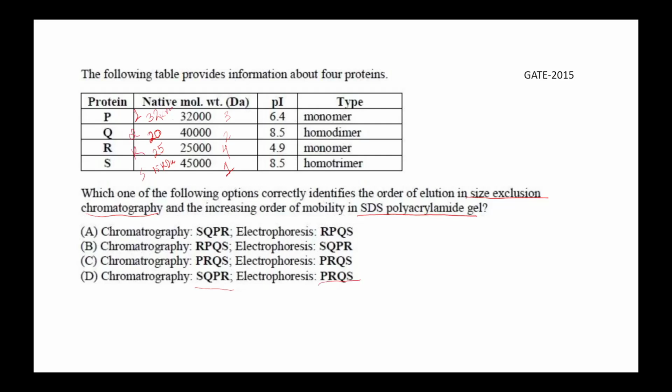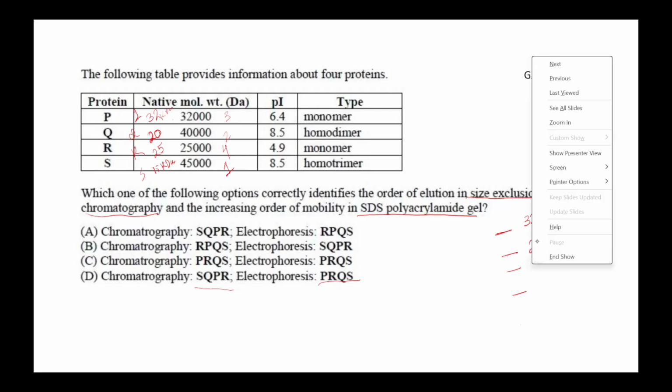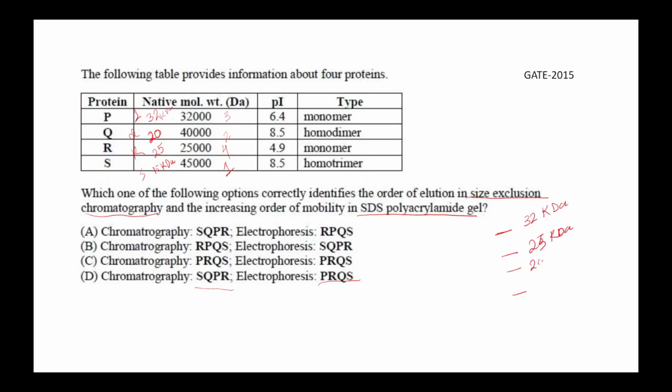So in the SDS-PAGE, the lowest migration is of 32 kilodalton, then 25 kilodalton, then 20 kilodalton, and 15 kilodalton will have the highest migration or higher mobility.